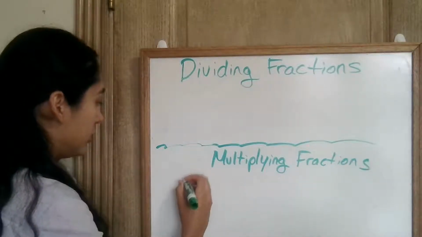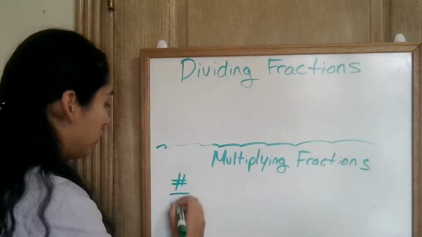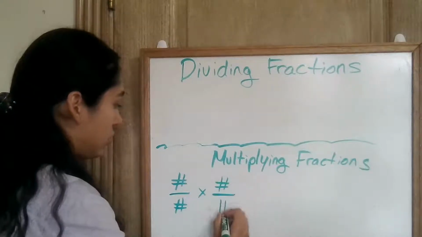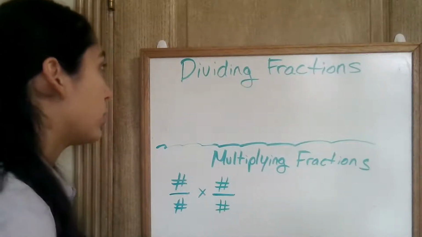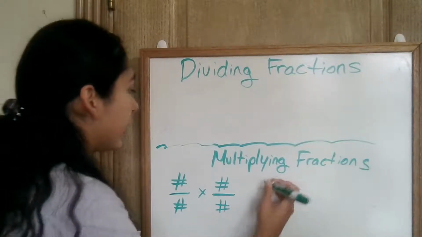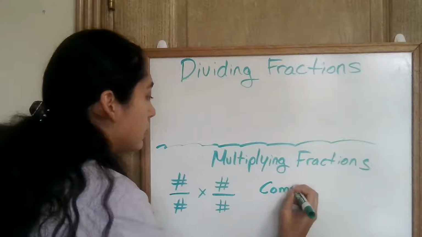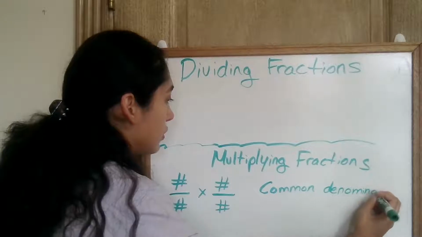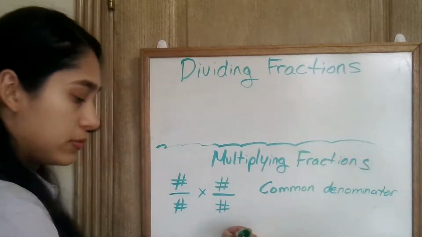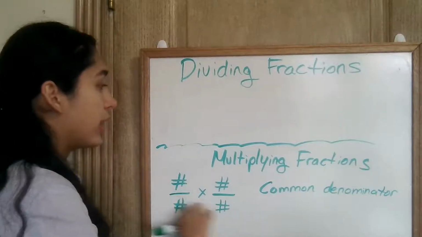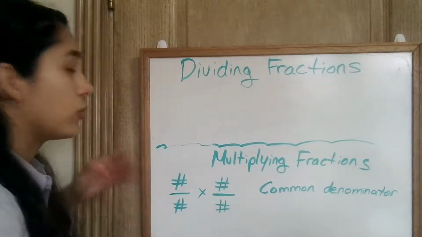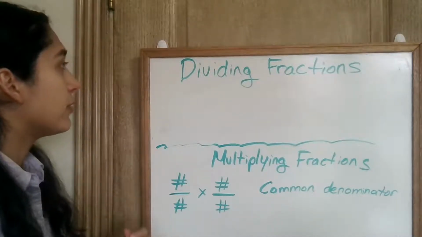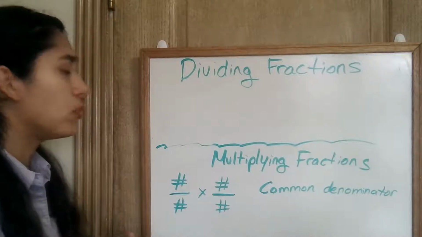When we multiply, we had to make sure that we had a common denominator. And we would just go ahead and follow the same principles of going straight across, like what we saw with addition and subtraction. Now with dividing fractions, you will basically be multiplying.